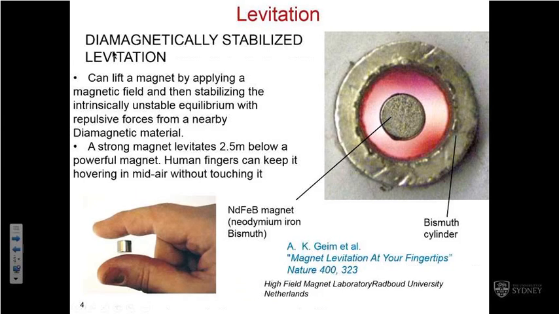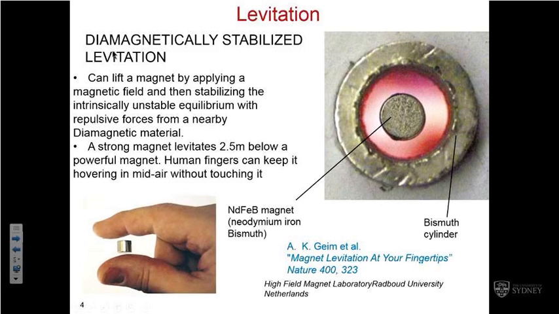Also, this is another example where diamagnetic materials can stabilize a levitation. It's slightly different. Here you have a magnet, and 2.5 meters above it, way up there in the laboratory, a very strong magnet that tends to lift up this magnet from far below.